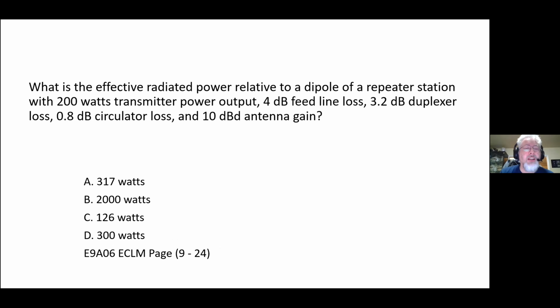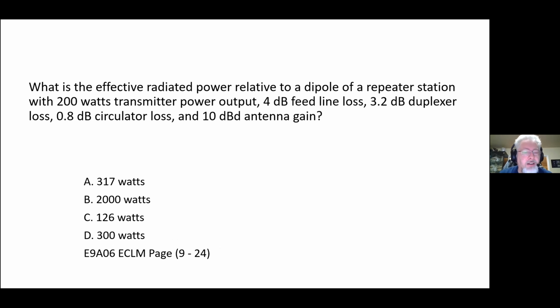What is the effective radiated power relative to a dipole of a repeater station with 200 watts transmitted output power, 4 dB feed line loss, 3.2 dB duplexer loss, 0.8 dB circulator loss, and a 10 dBd antenna gain?